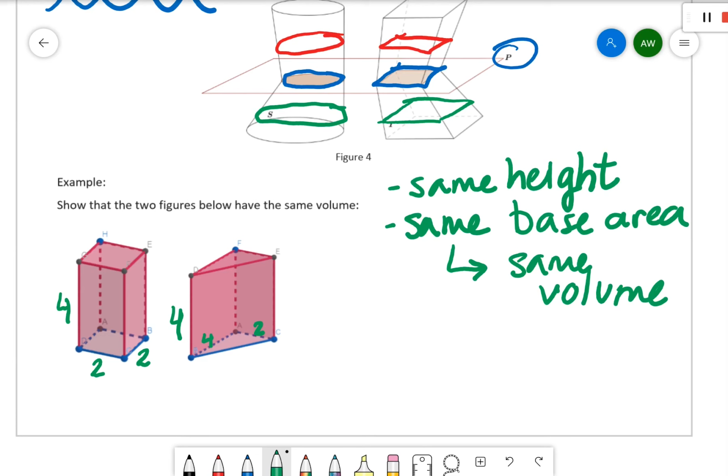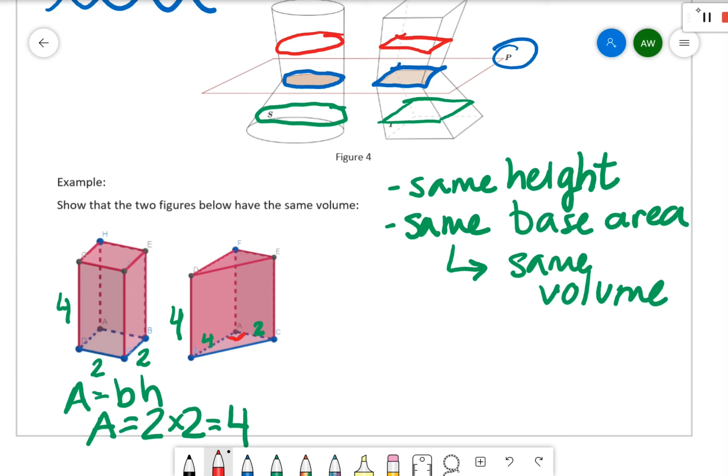All right, so let's look at our first shape here. We're going to think about our rectangular prism. And how do I find the base area for this rectangle? Well, the area of a rectangle is base times height. My base is 2, my height is 2, so the area here is 2 times 2, which is 4, right? Now let's move on to our triangular prism.